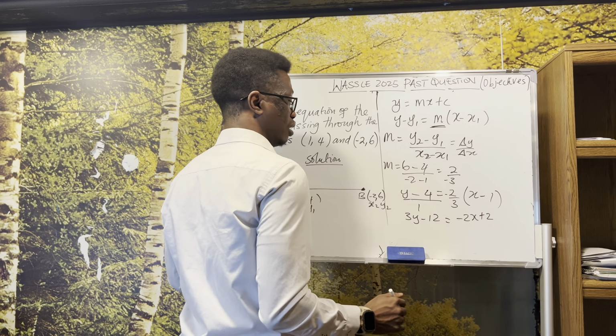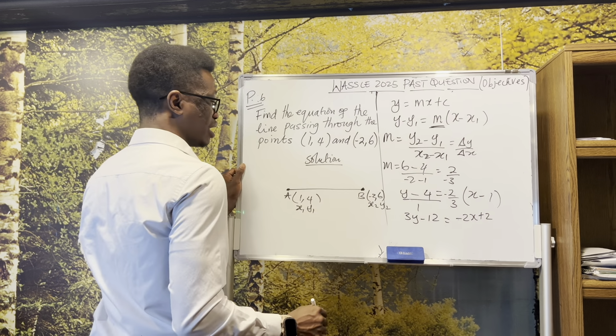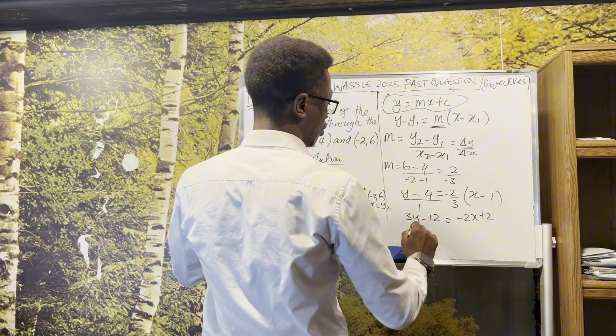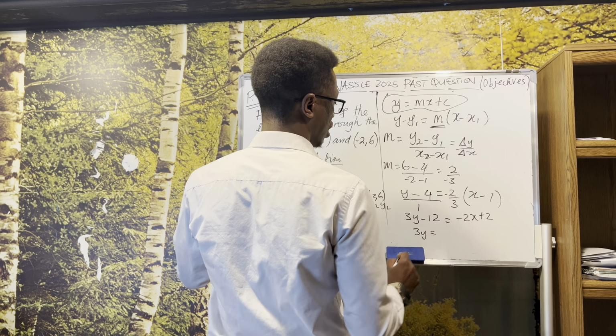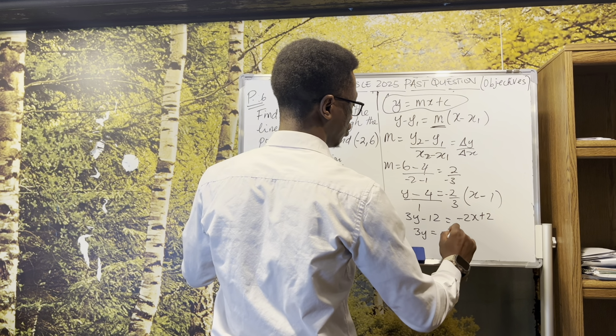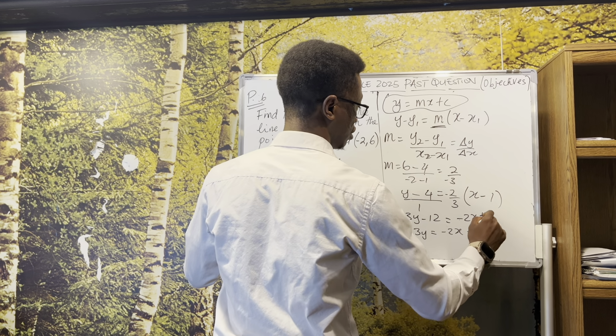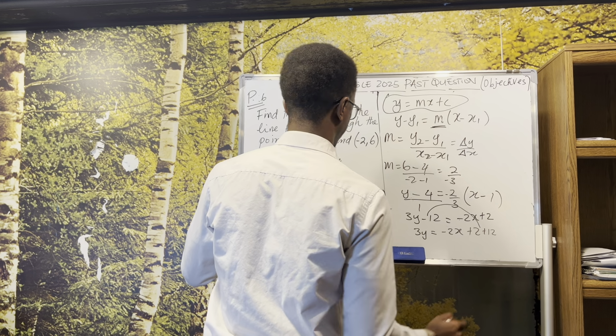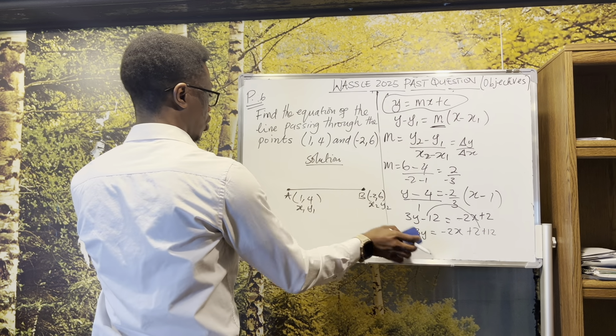Okay, so if you want to write it in terms of y, this becomes 3y equals minus 2x plus 2, then you bring this 12 over, becomes plus 12. So let's finish it up here.